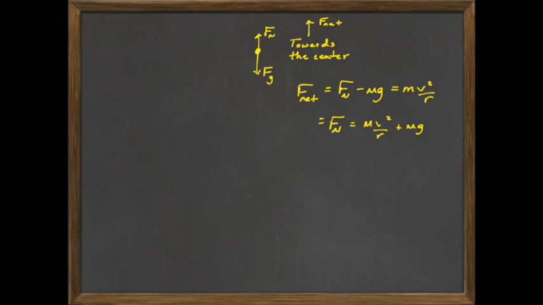Now we can use the same expression we found for v in the last problem. So after all the cancellations, it's going to be 4 pi squared r over T squared times m, plus gravity. Again, plug in all the numbers, and you find a normal force of roughly 710 newtons. So again, comparing this to the original resting weight, you actually feel like you gain some weight when you reach the bottom.